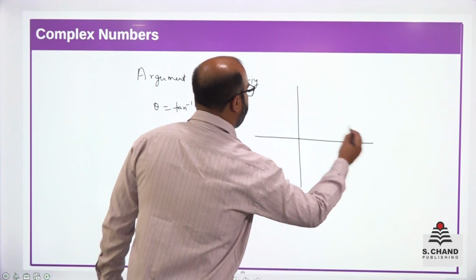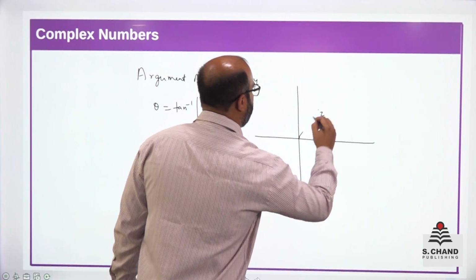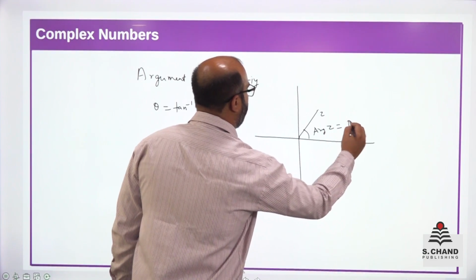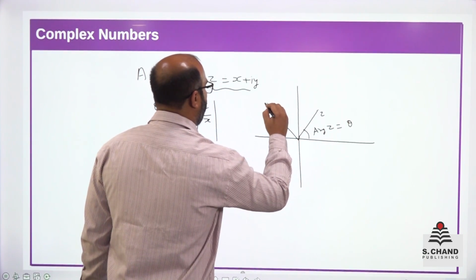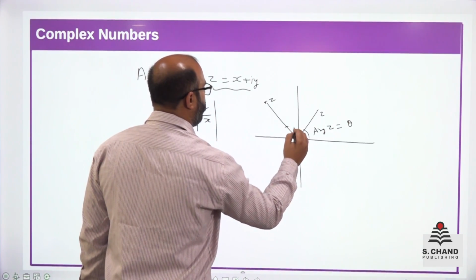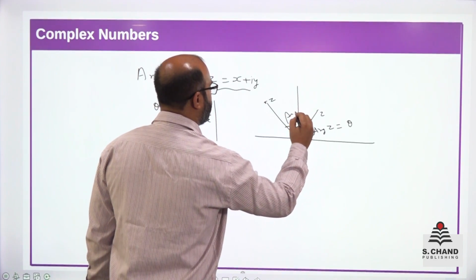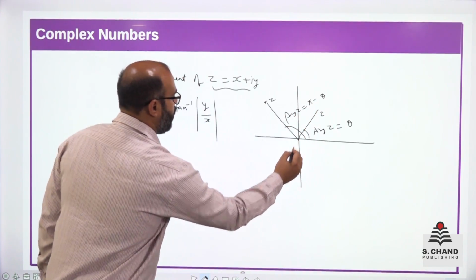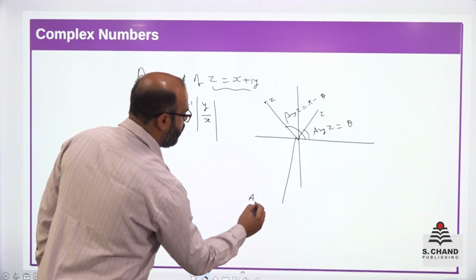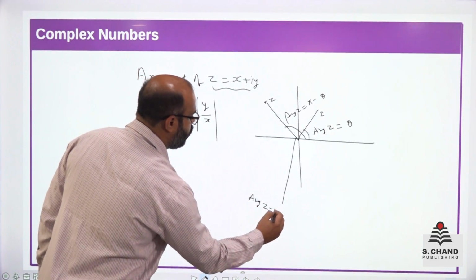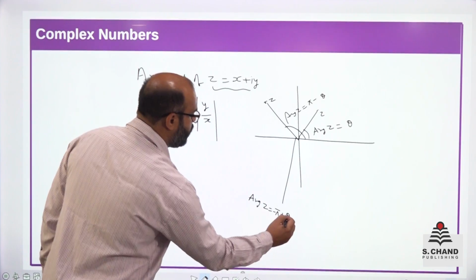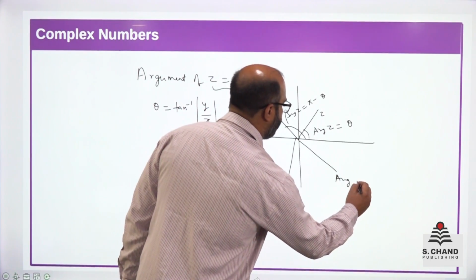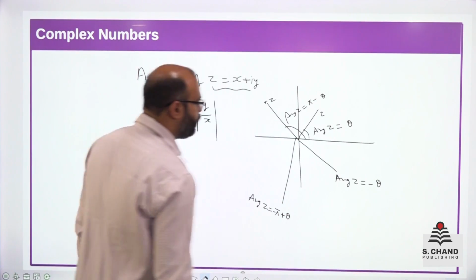So if z is in the first quadrant, the argument of z is same as theta. If it is in second quadrant, the argument of z is equal to pi minus theta. If it is in the third quadrant, argument of z is equal to minus pi plus theta. And in the fourth quadrant, argument of z is equal to minus theta.